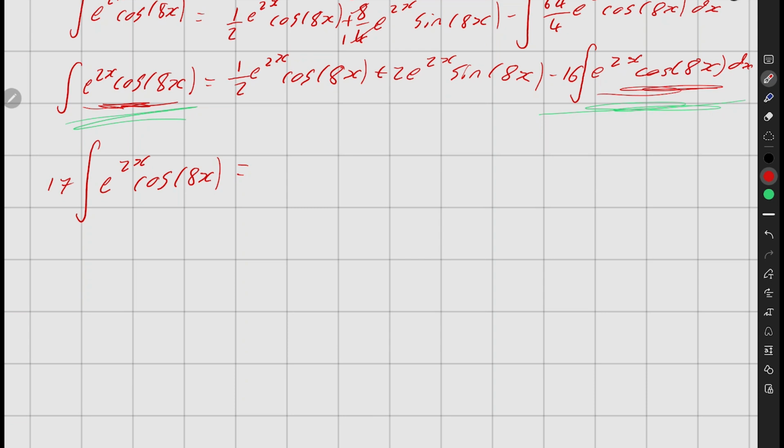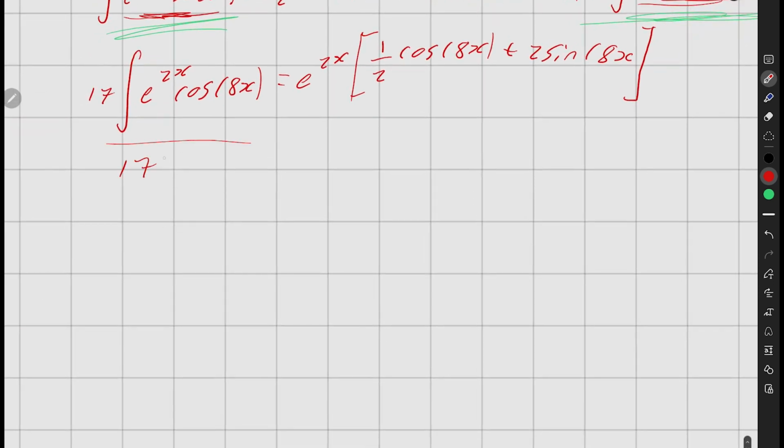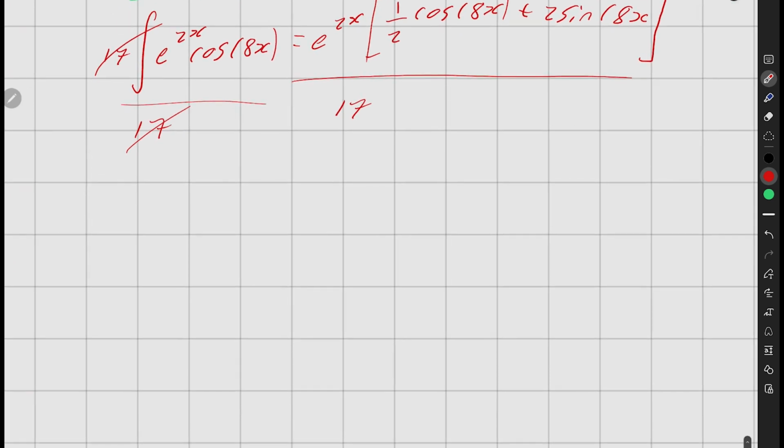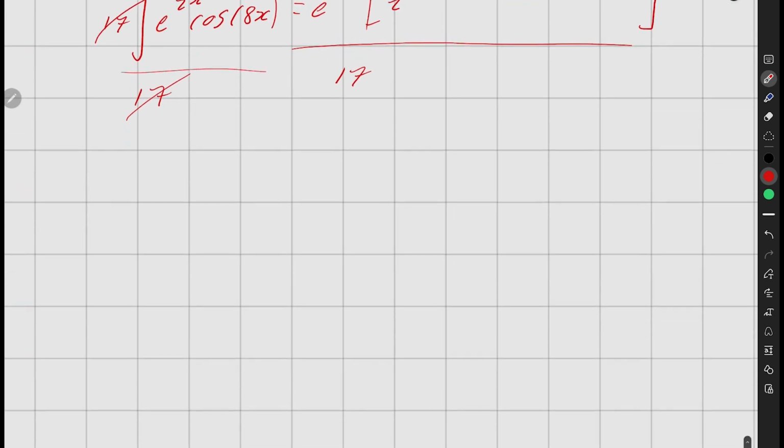It's going to be equal to, we can take out e to the 2x, and that's just going to be half cos 8x plus 2 sine 8x. And divide by 17. And that's how we solve our integral. So I'm just going to write this out in a nicer way.